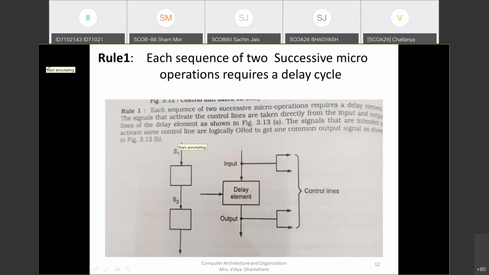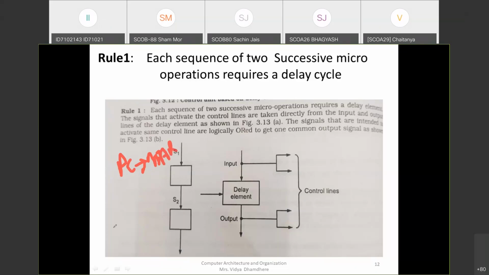For example, S1 and S2 are the sequence of the micro operation. In the first micro operation, whatever content is in the program counter, I am moving to the memory address register, MAR. That is the first sequence.